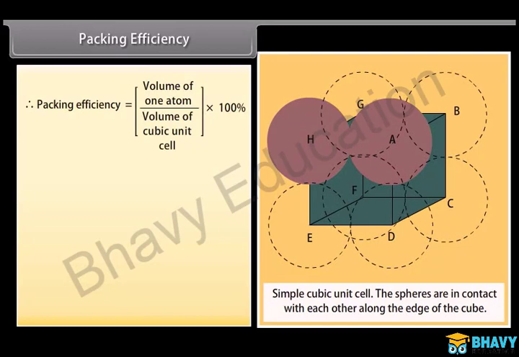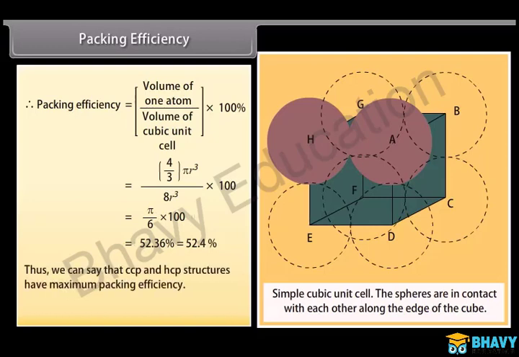Therefore, packing efficiency is equal to volume of one atom upon volume of cubic unit cell × 100%, which is equal to 4/3 πr cube upon 8r cube × 100, which is equal to π/6 × 100, which equals 52.36%, which is equal to 52.4%. Thus, we can say that CCP and HCP structures have maximum packing efficiency.